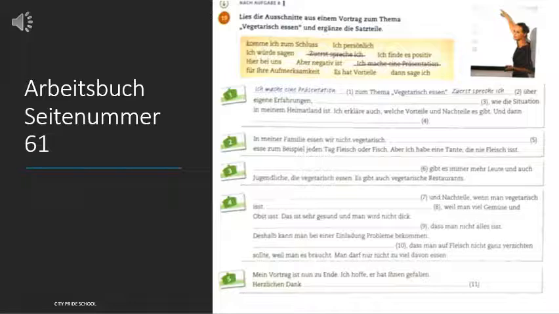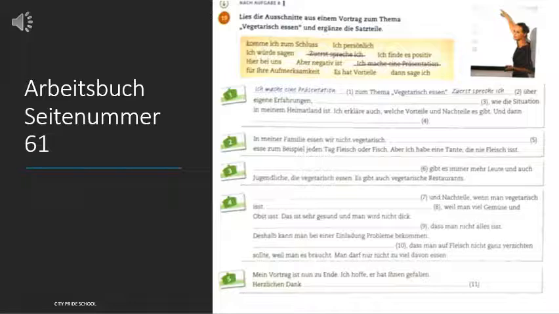But I have an aunt who never eats meat. Nummer 3. At the beginning there is a blank. Gibt es immer mehr Leute. There are more and more people and youngsters, Jugendliche is youngster, who eat vegetarian food. Es gibt auch vegetarische Restaurants. There are also vegetarian restaurants.